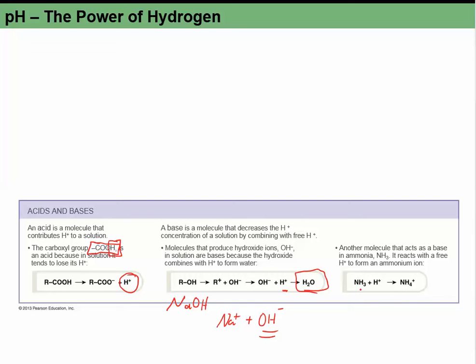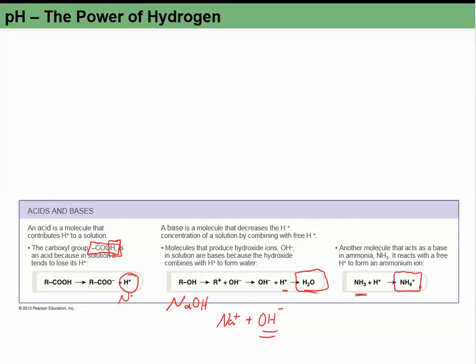Ammonia is different, so it's always pointed out, because NH3, instead of giving up one of its hydrogens, will actually take on a hydrogen to form the ammonium ion. Ammonia and a lot of cleaners are bases. Ammonia is a base because it will take on an extra hydrogen.